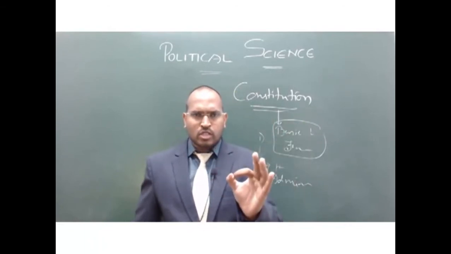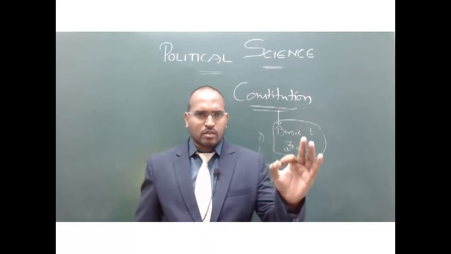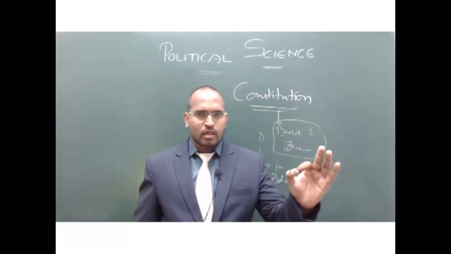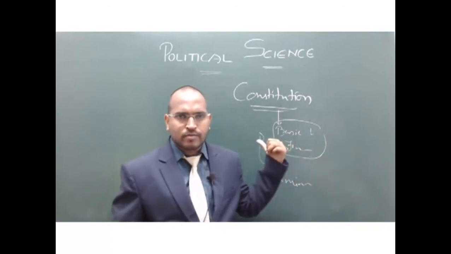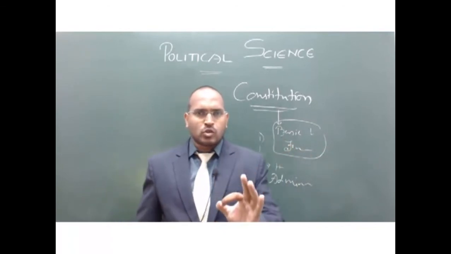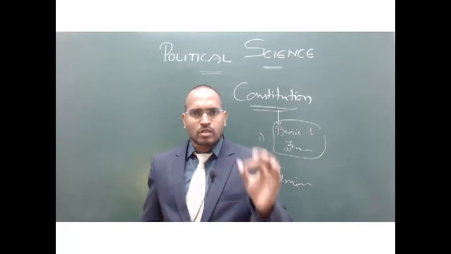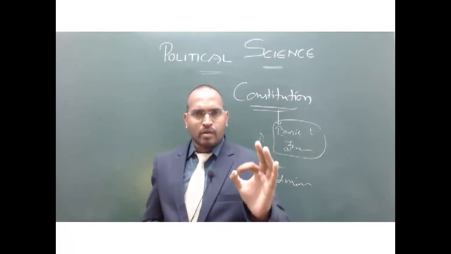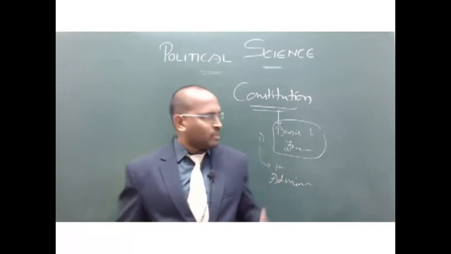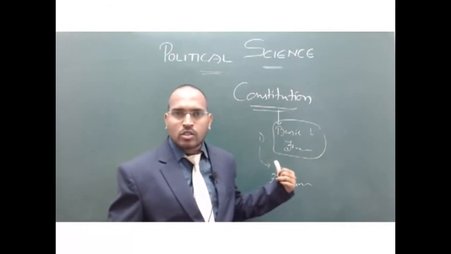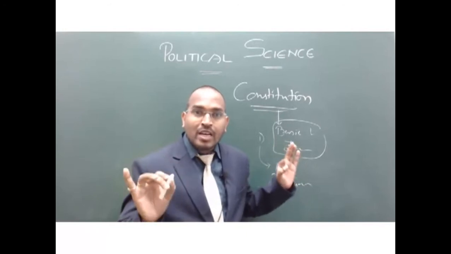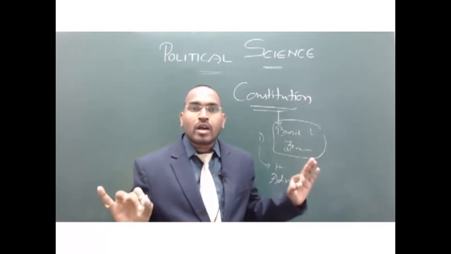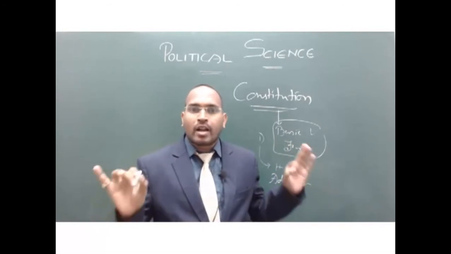Supreme Court Chief Justice duties and powers, tenure, salary, each and everything is explained in the Constitution. Prime Minister duties, Council of Ministers duties, Governor duties and powers, tenure, each and everything is explained clearly in the Constitution. What I want to say is, the Constitution clearly mentions how the government has to work and how the administration has to work.